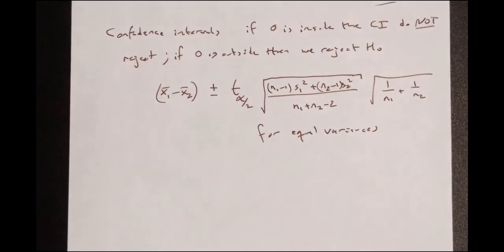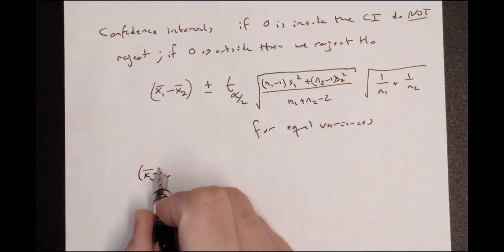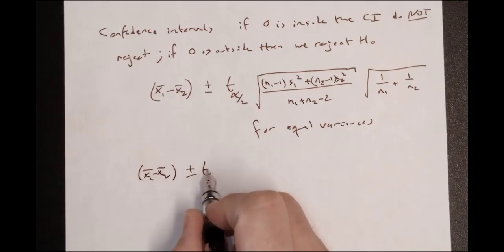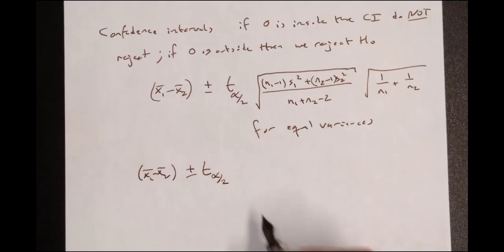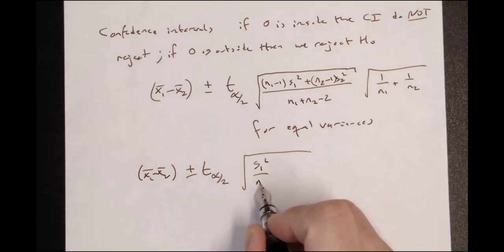But if I have not equal variances, then I'm just going to use the two variances separately.